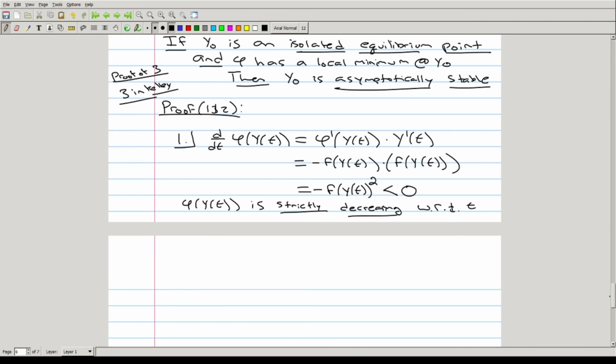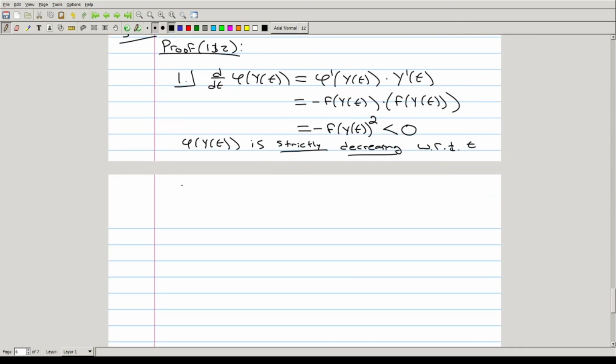And part 2 is also relatively straightforward to prove. It's really just calling into the definition that y naught is an equilibrium point if f of y naught equals 0, but by definition, phi prime of y naught is equal to negative f of y naught.